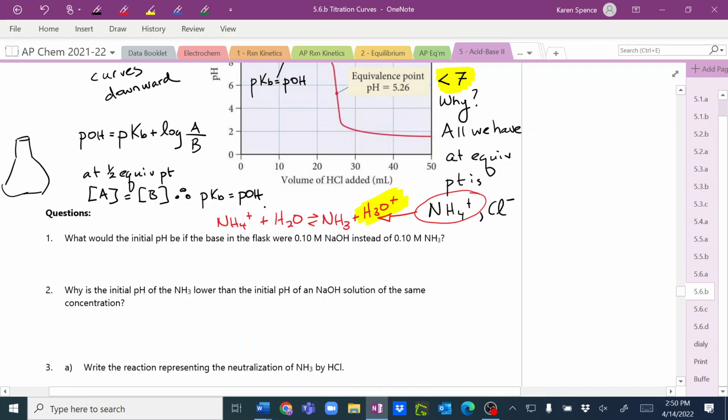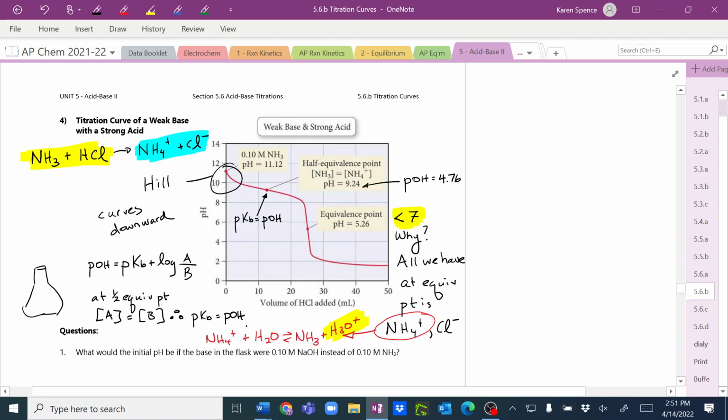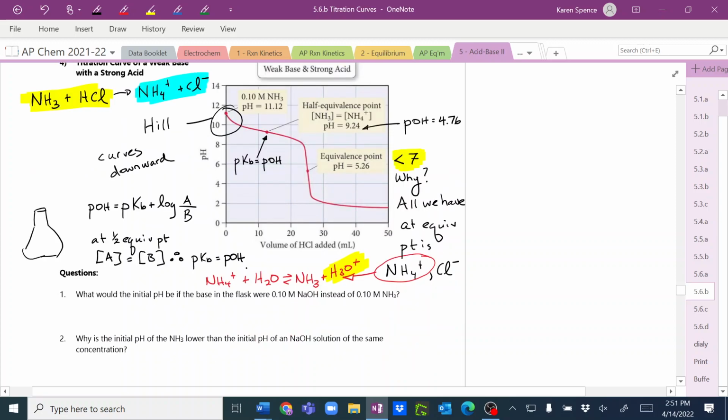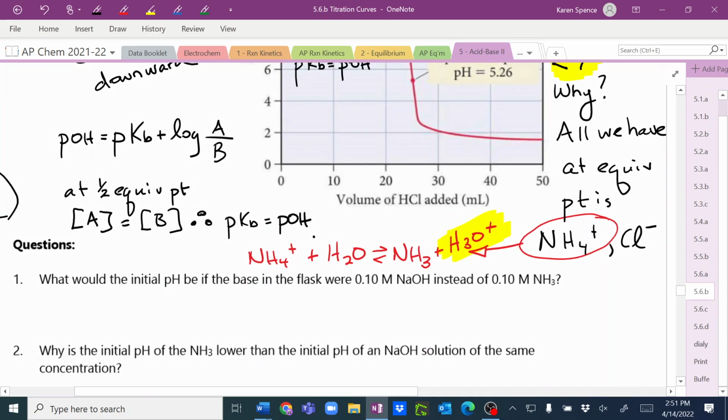What would the initial pH be if the base in the flask were 0.1 molar NaOH instead of 0.1 molar NH3? Seven?